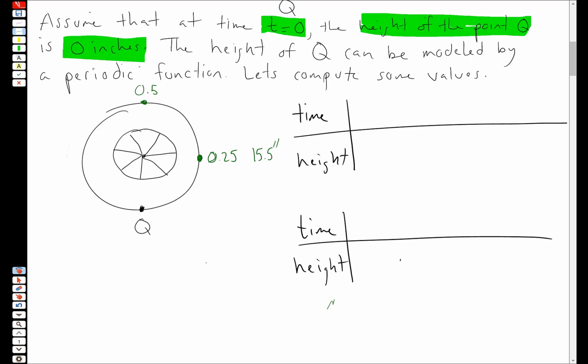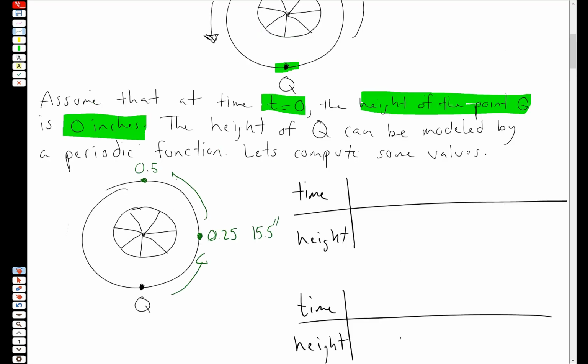Okay, just making sure I'm not going crazy. And then at 0.75 seconds, it's right here. I forgot to put the height here at 0.5 seconds. What's the height of this tire? It's 31 inches. And then at 0.75, it's back down to about halfway. And then at 1 second, it's completed one revolution, so it's right here.